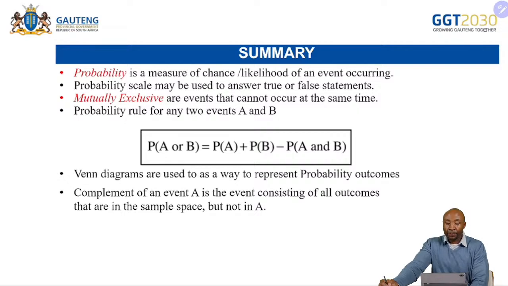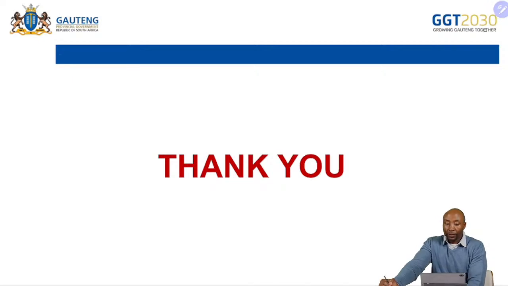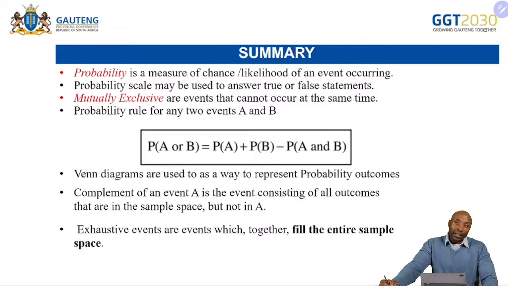And we know that complements of events are events that fill up the whole sample space. The probability of A and the probability of not A, we have seen that it is equal to 1 minus the probability of the other. And we saw that exhaustive events together fill up the entire sample space. We will continue with some of these concepts in our next lesson.